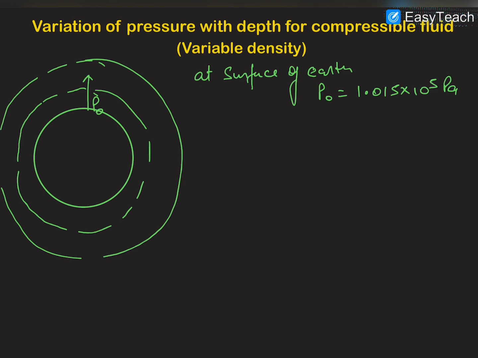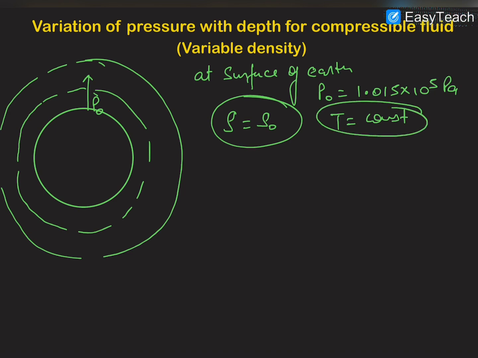So let us first of all assume that the density of air on the surface of earth is rho naught, and obviously we are assuming that the temperature of the air remains constant. So PV is nRT, and n is m by M, so PV is m by M into RT.